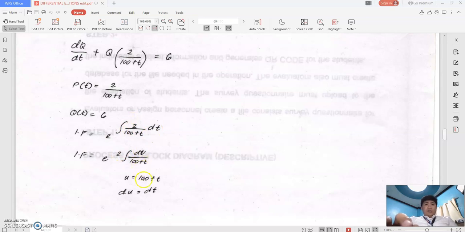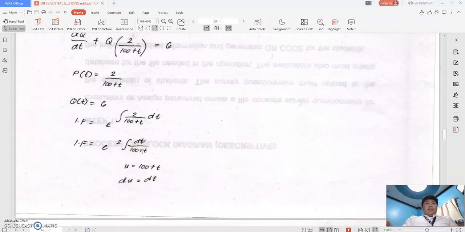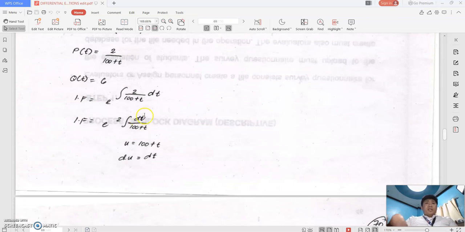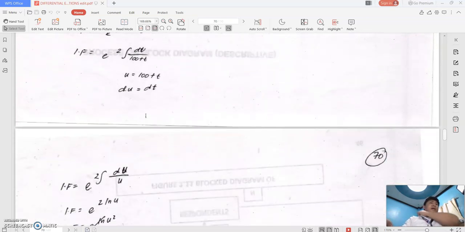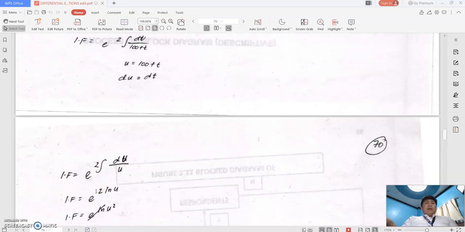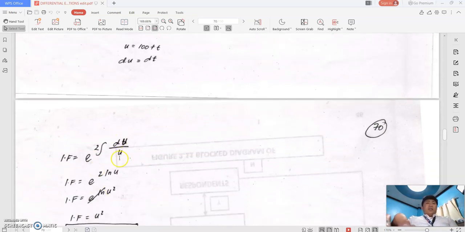From here, we could use 100 plus t as u and differentiate it, which is still dt. So that is just du over u. The integral of du over u is ln u times 2. Since you have multiplier 2, it becomes the power of u.